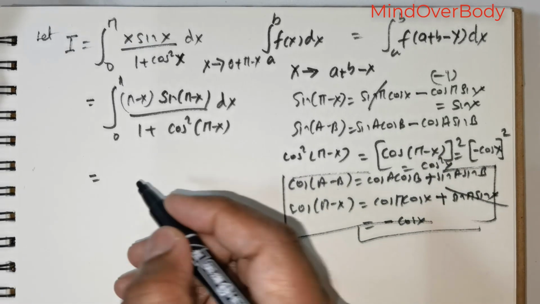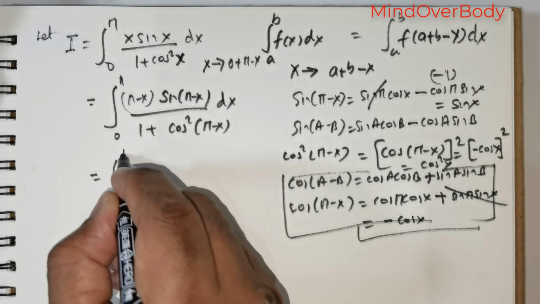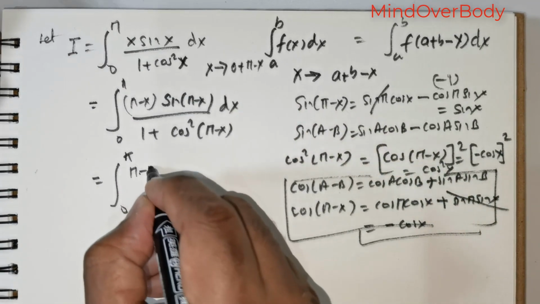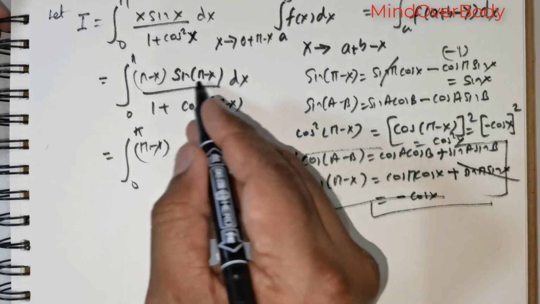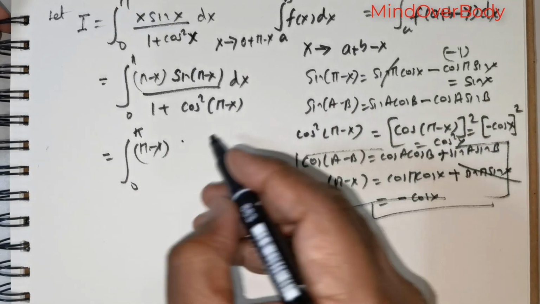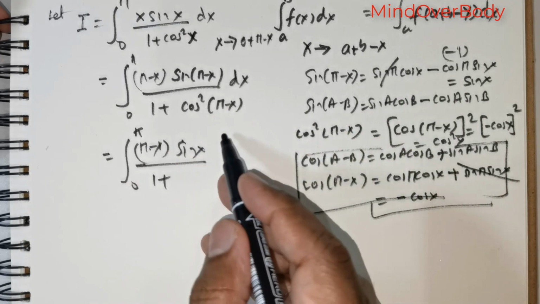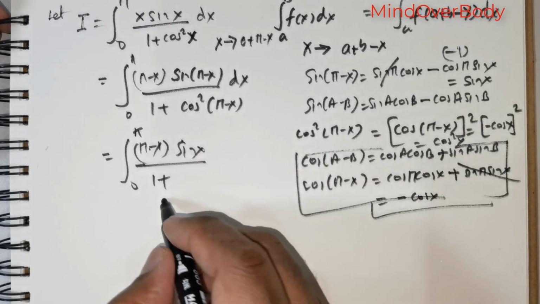So let me rewrite. This is equal to integral 0 to pi negative x times sine of pi negative x, which I found to be sine x. Place that value. 1 positive cos squared of pi negative x is found to be cos squared x.